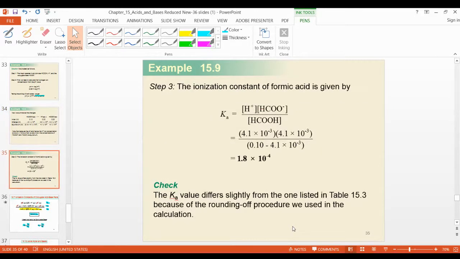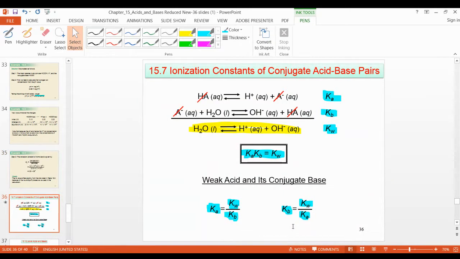Now this we have already determined. 15.7 we already did. 15.6 is not in the course. Cross that, please. Weak base and weak acid ionization. Weak base and base ionization constant. No, 15.6 is in the course. Don't cross this, please. You know why? The weak acid and weak base both use the same method.